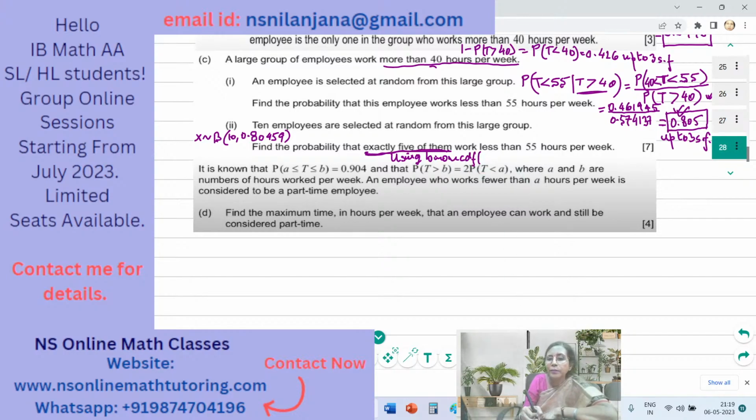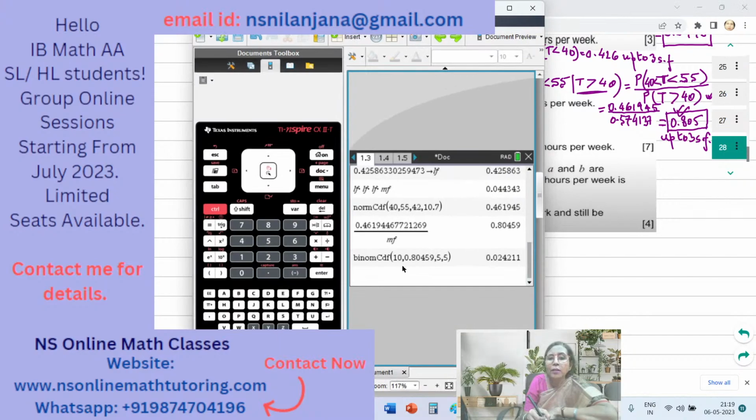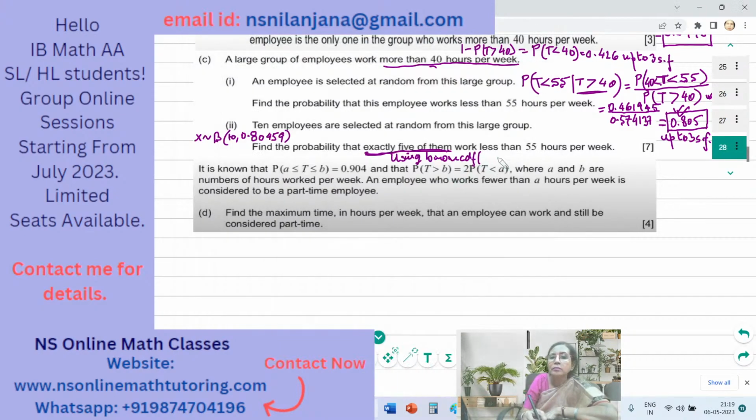You can write the values that you have entered: 10, comma, 0.80459, comma 5, comma 5.